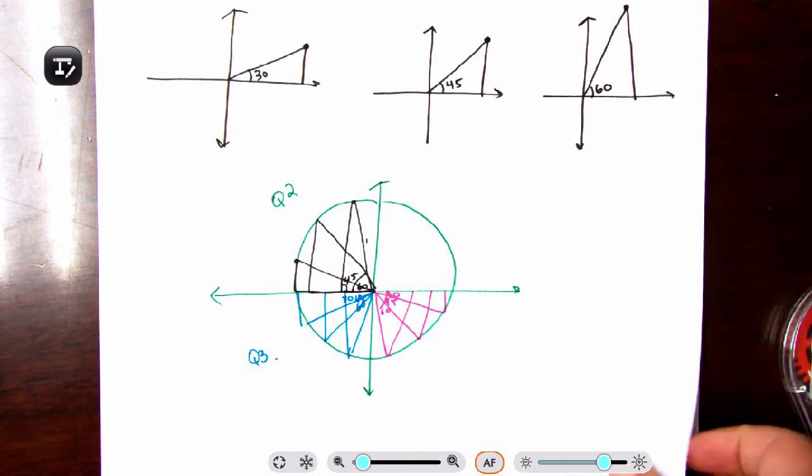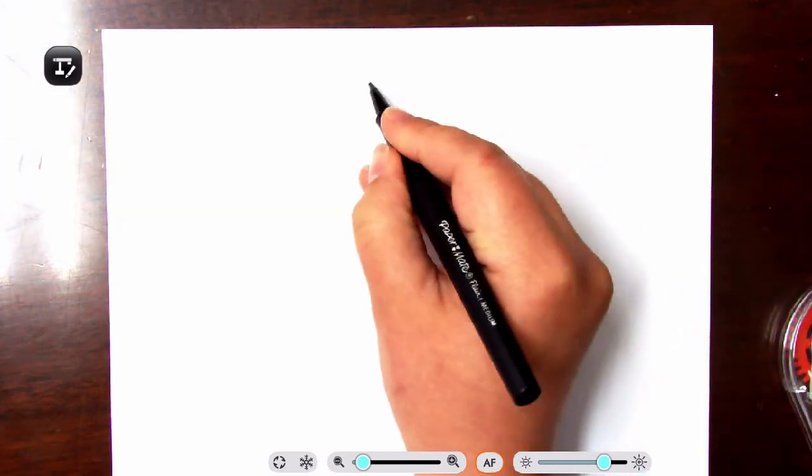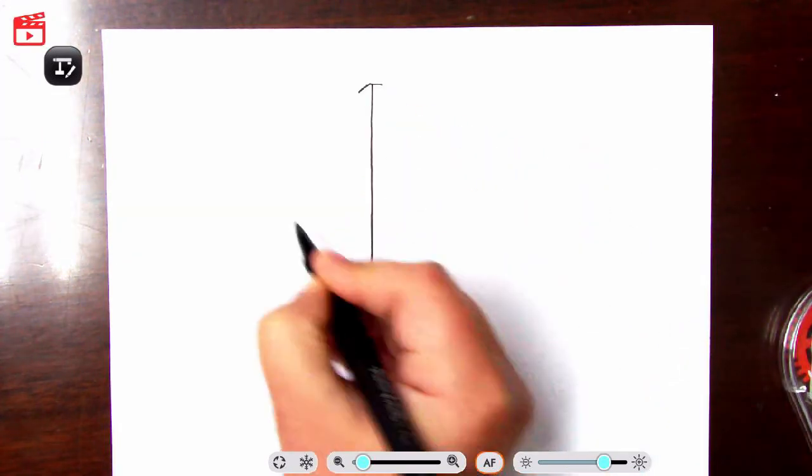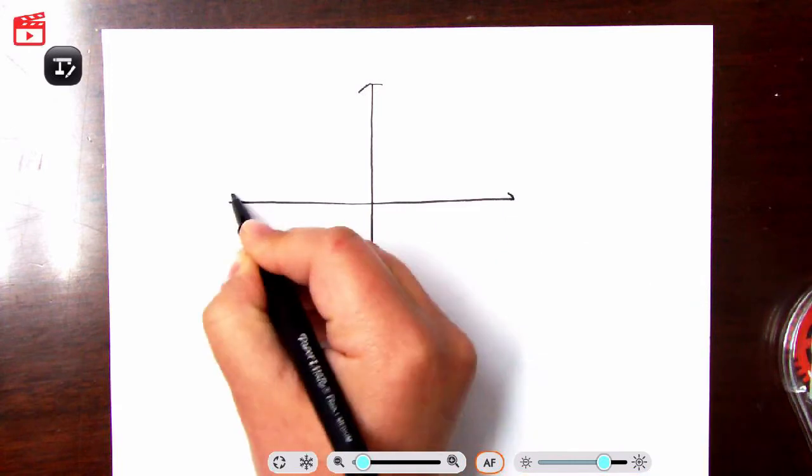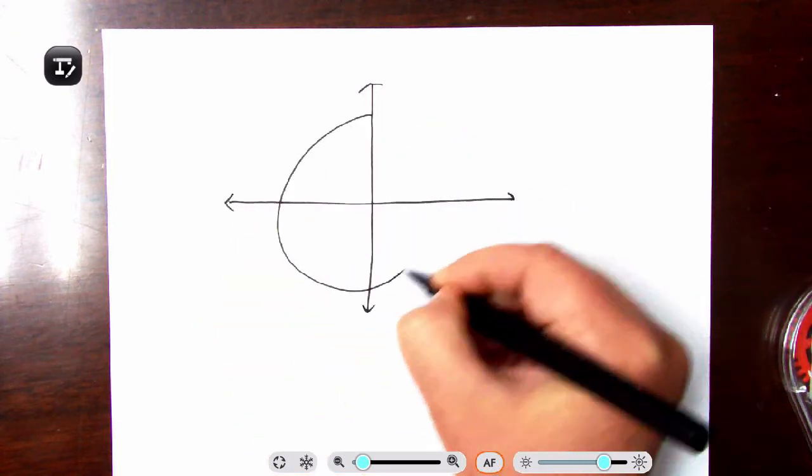So let's talk about the unit circle values. The unit circle has an x and a y just like every other graphing, Cartesian plane, things like that. And let's draw that one again.